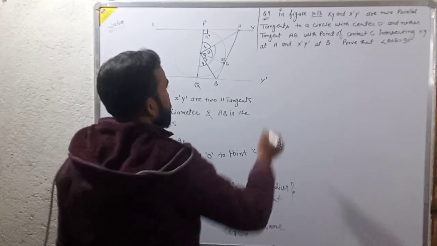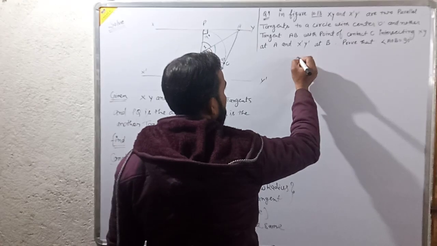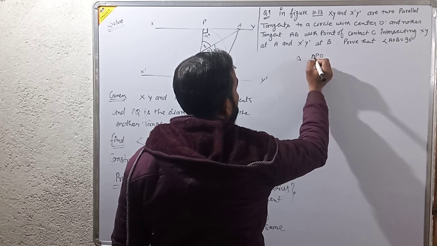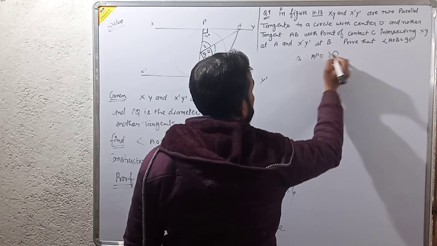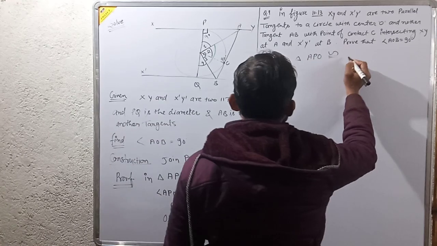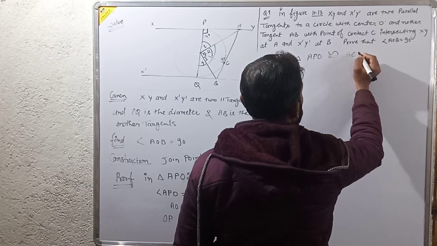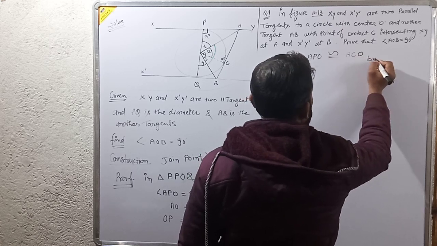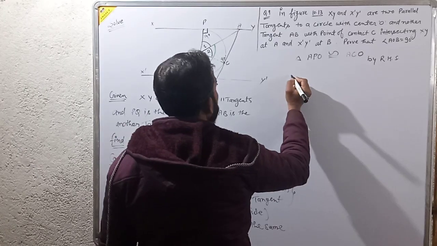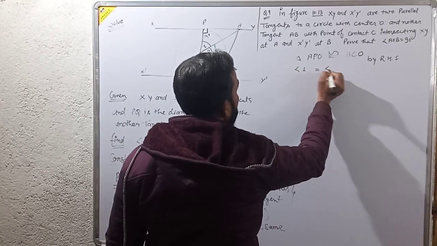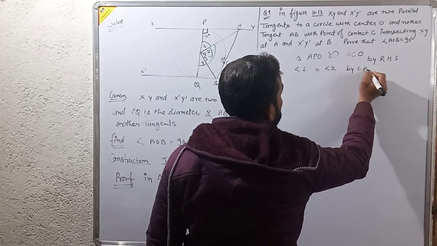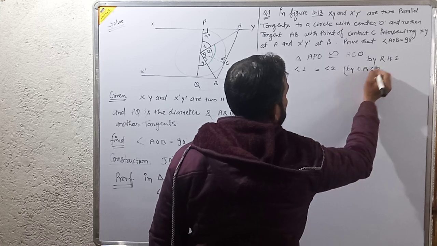So triangle APO is congruent to triangle ACO by RHS. So we can say that angle 1 is equal to angle 2 by CPCT. Clear?